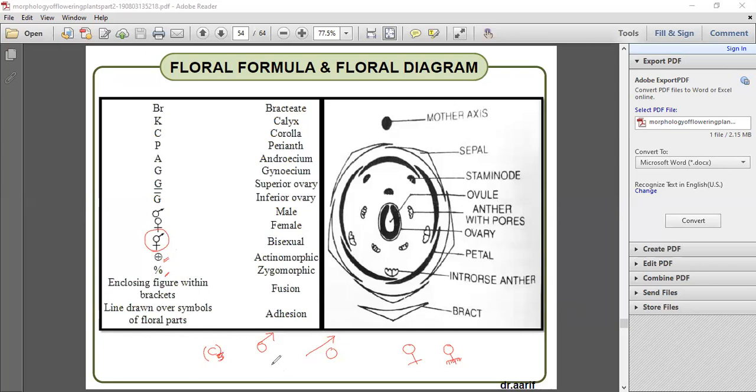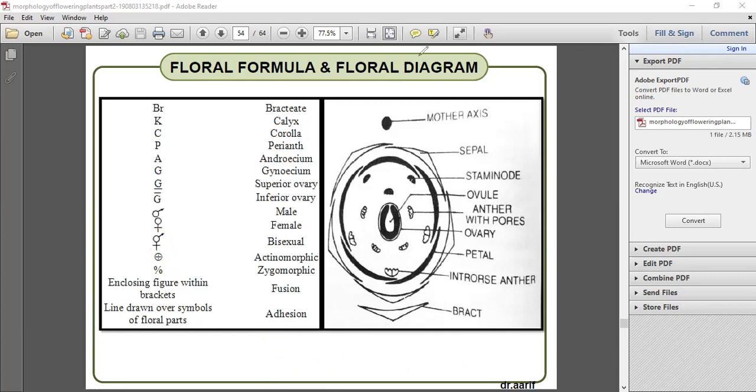And if it is like this, C and A with a half circle drawn like this, that means it has adhesion, where androecium is connected with the corolla. So cohesion is marked by the bracket, and adhesion is marked by the line drawn over the symbol. Is the meaning of all these symbols clear to you, beta?